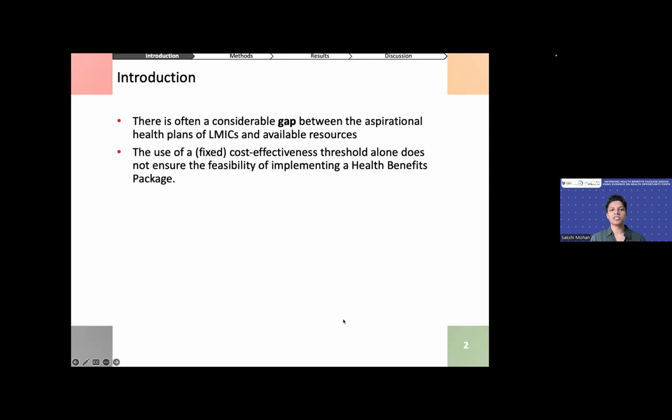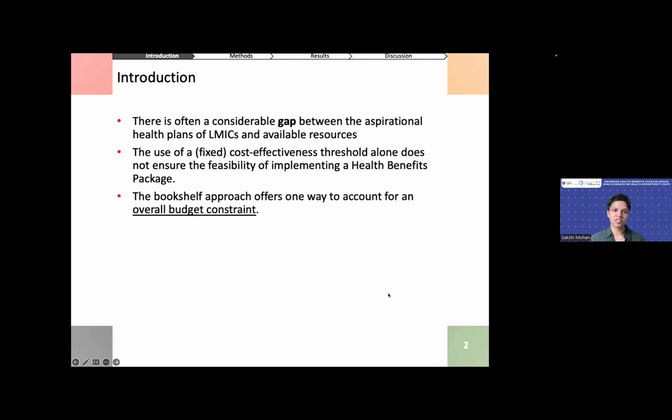However, using a cost effectiveness threshold alone does not ensure feasibility, because it assumes, firstly, perfect divisibility of resources, because it assumes an overall budget constraint, and also cost effectiveness thresholds are endogenous to the decisions that you're making.